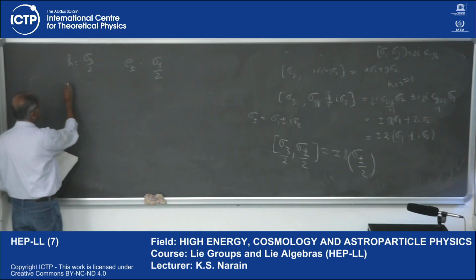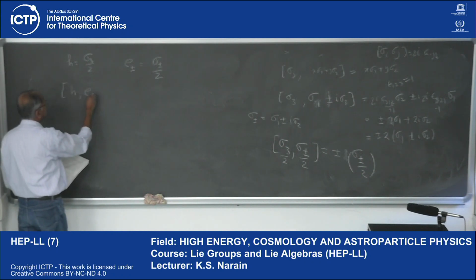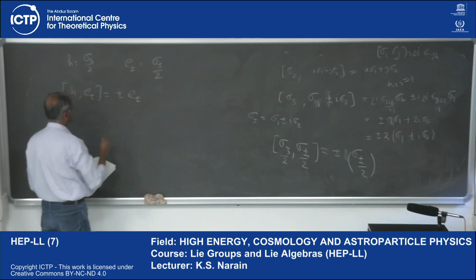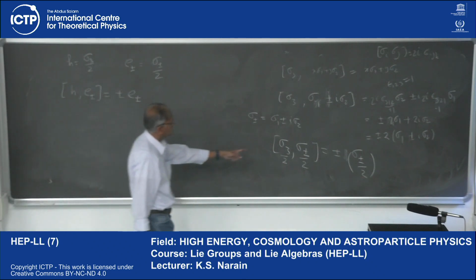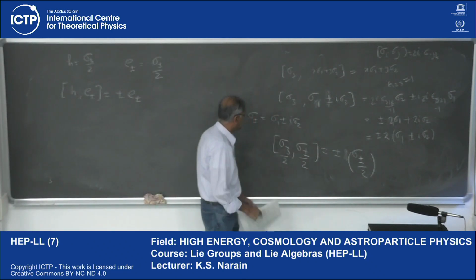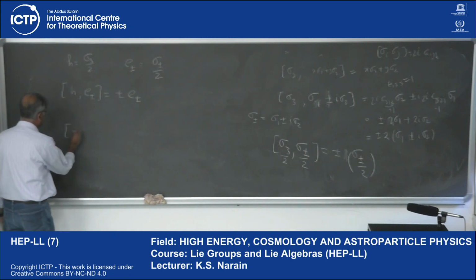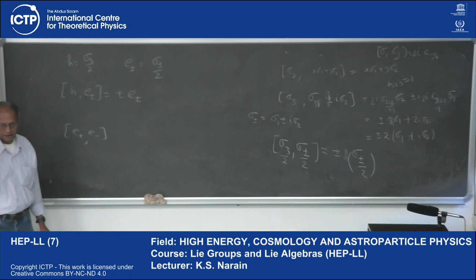So the commutation relation is simply the commutator of H with E plus minus is equal to plus minus E plus minus. Now you can also ask the question, this was for sigma 3, but what happens if I look at the commutator of E plus with E minus? That's another thing we can ask.